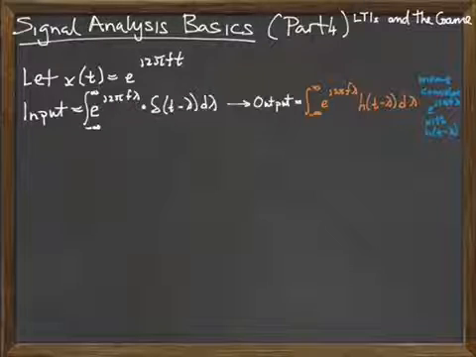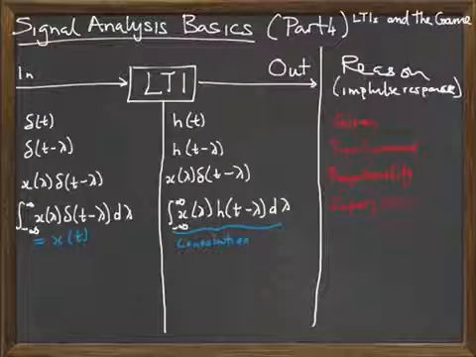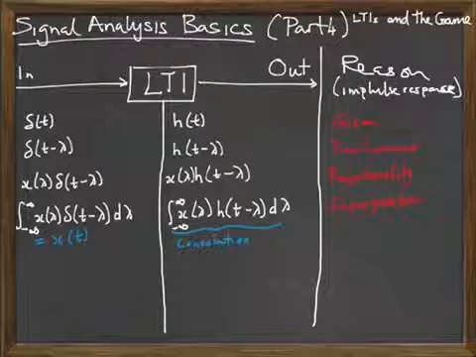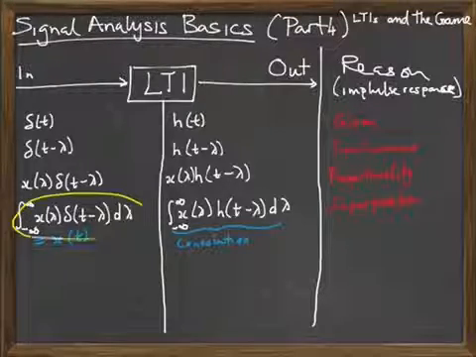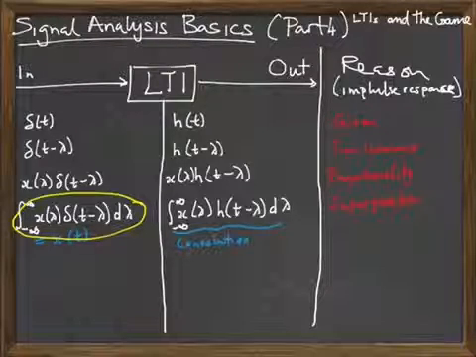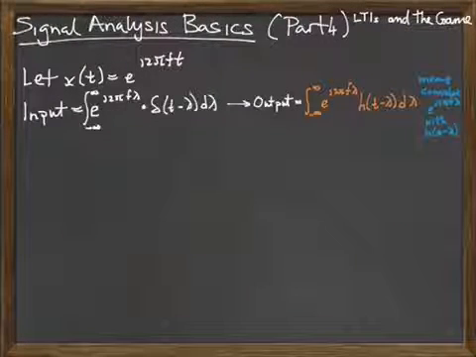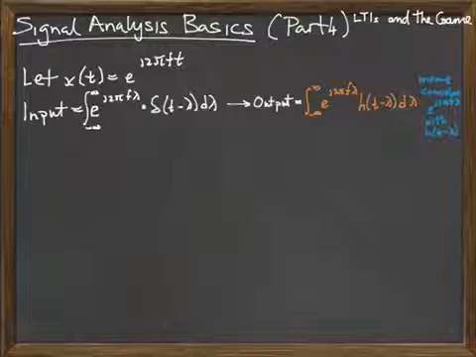And if you're wondering why we're doing it with lambda instead of t, if you look back on our board over here, we had reached a point where we had decided that x of t gives us a certain equation, this equation down here. So that is why we are doing that.